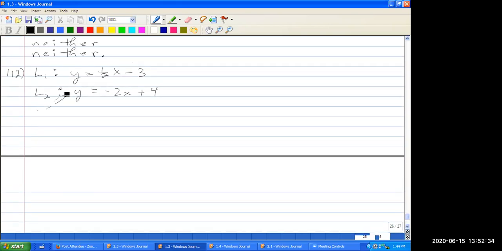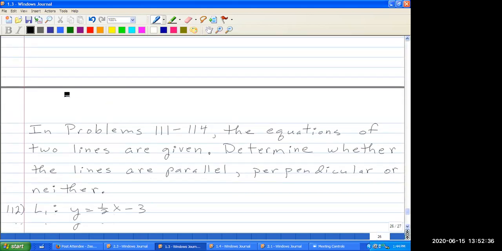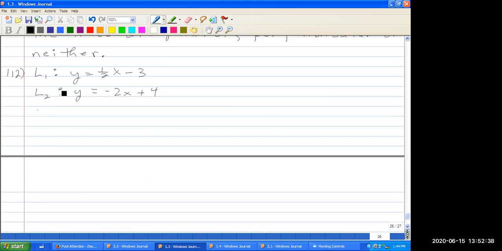The computer's giving me a little bit of trouble here. So let's find the slope of the first line. Well, the slope of the first line is 1/2. Its y-intercept, not that it probably matters, is -3.